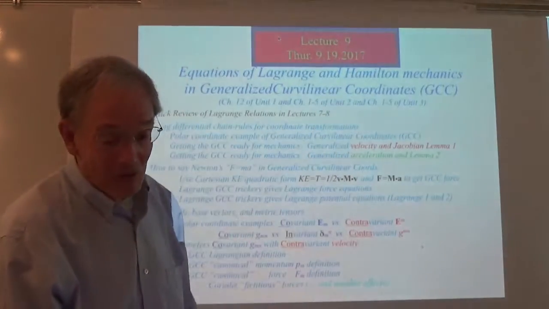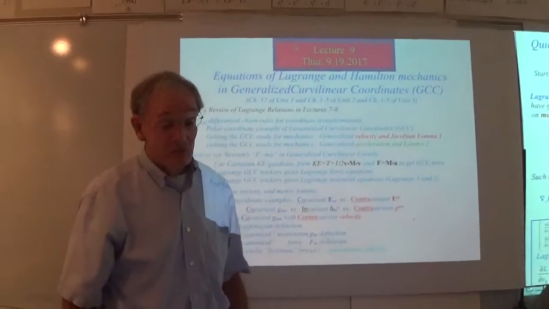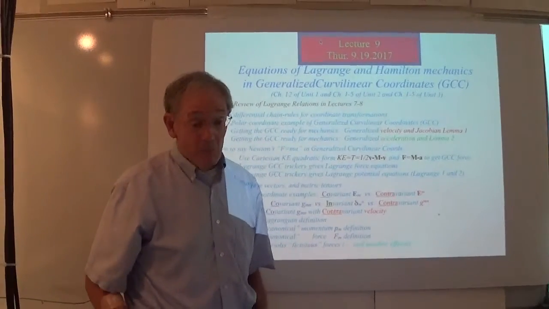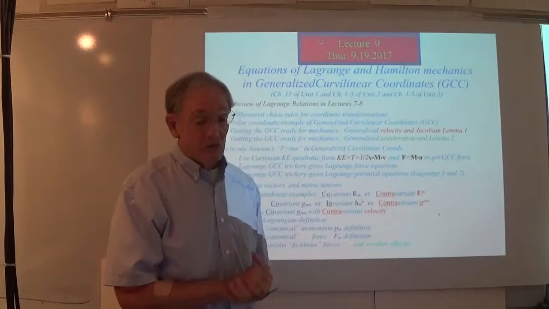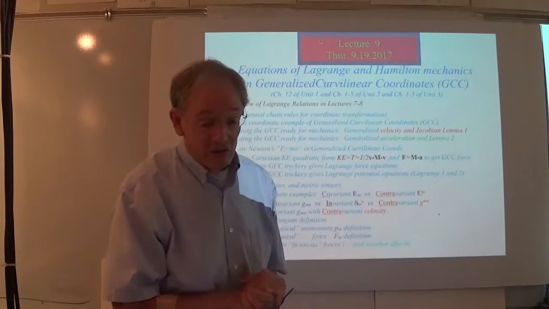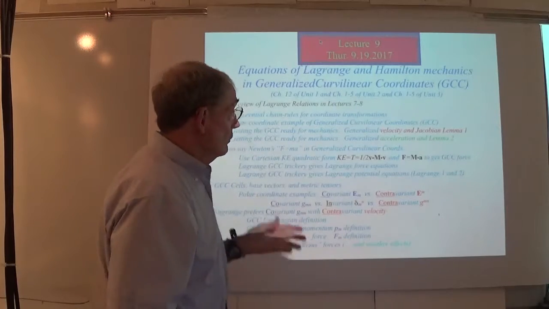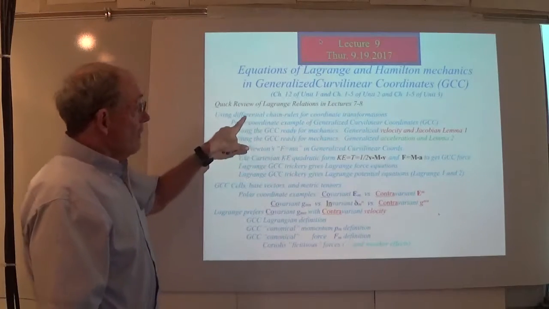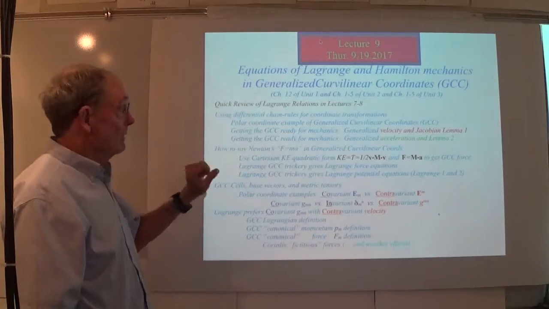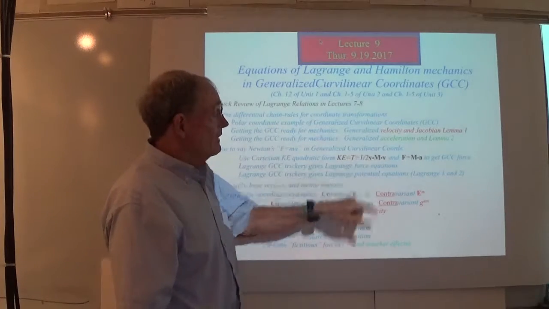It's a very important thing because you can use it for all kinds of different things besides mechanics. But today we're going to use it just for particle mechanics, and we're going to derive Lagrange's equations using that. So these are the steps. We're going to use the quadratic form for kinetic energy.